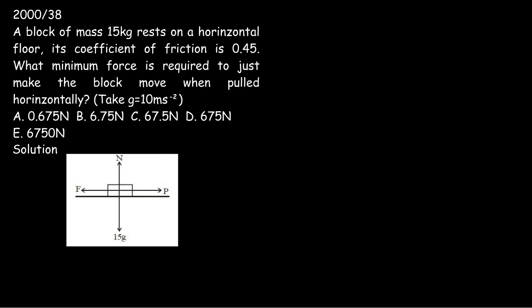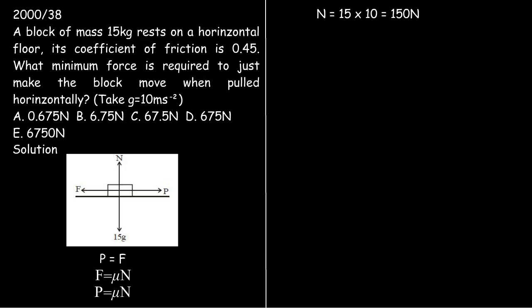Now the minimum force required for the body to just start moving will be equal to the frictional force. So P will be equal to F, and we know that F is equal to mu N, so P will be equal to mu N. Now to get our reaction, N will be equal to 15 times 10, which is equal to 150 Newton.